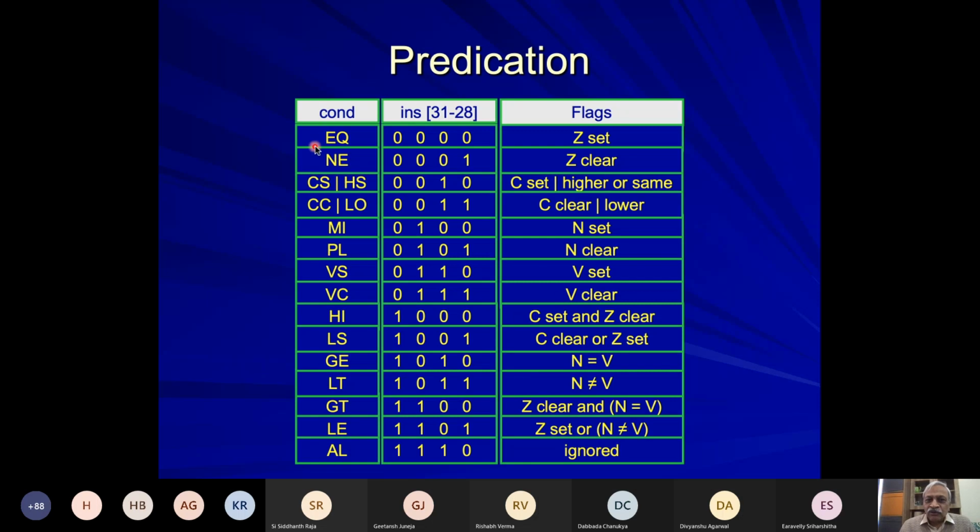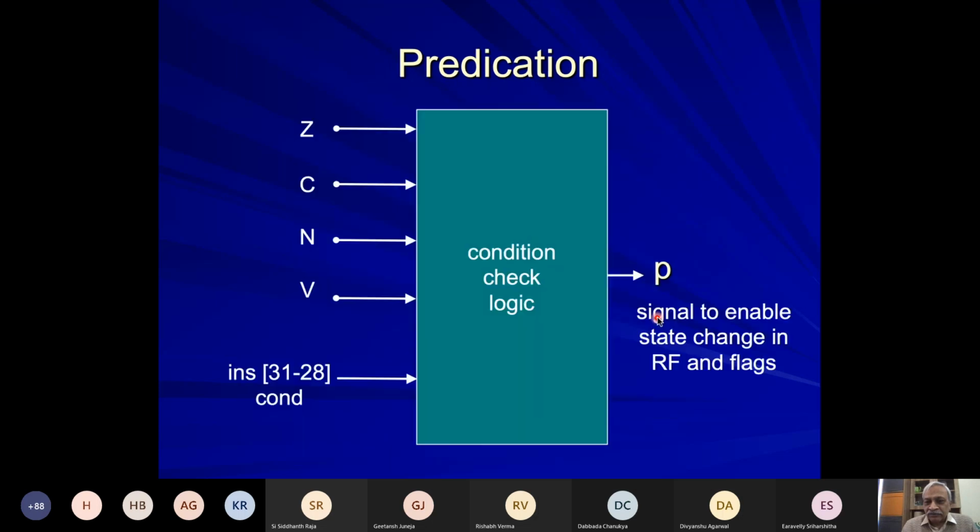Okay, so EQ basically checks whether Z is set or not. NE checks whether Z is clear or not, and so on. So we need a piece of logic which will look at these 4 bits of the instruction, the leftmost 4 bits of the instruction, and look at the flags and decide whether the condition is met or not.